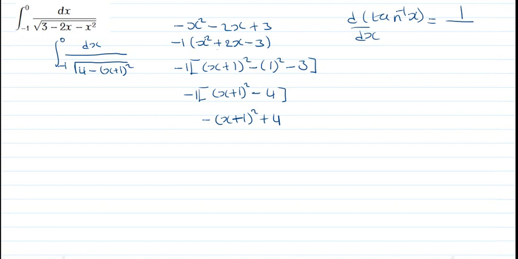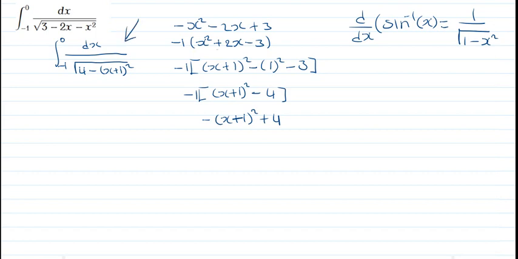Yeah, this one is for sine. So we know that the derivative with respect to x of sine inverse of x is going to be equal to 1 over square root of 1 minus x squared, which is kind of similar to this one. So how do we manipulate this one to look exactly like this one?